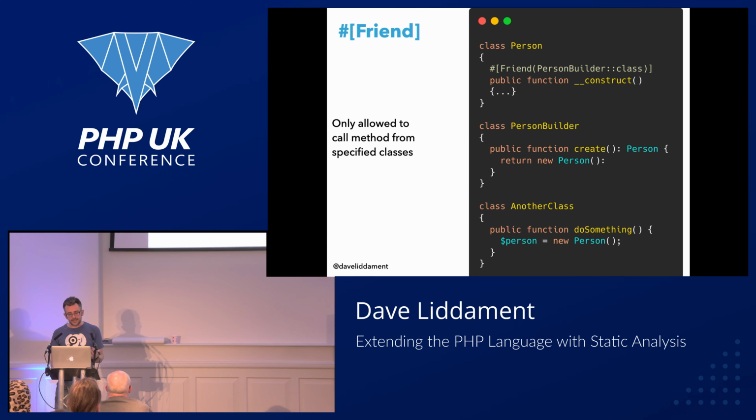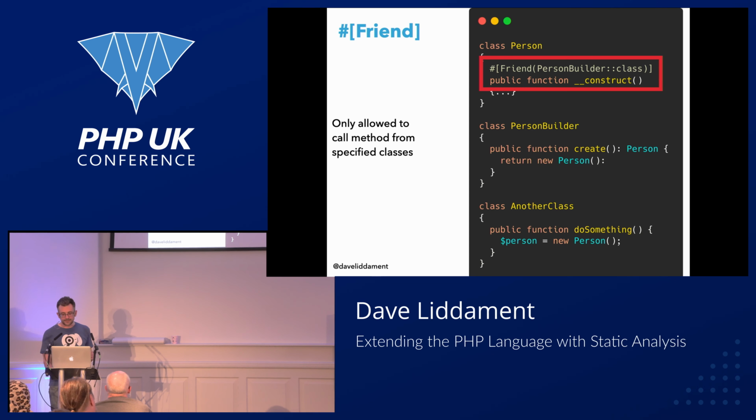So the friend attribute, we saw actually quite a simple version of the friend attribute. The one that's created here is a bit more powerful in that you can add them to methods as well as classes. And a typical use case for the friend attribute is things like builders. So for example, maybe I have a builder or a factory, and I want to restrict the construction of objects so it's only done through the builder or the factory.